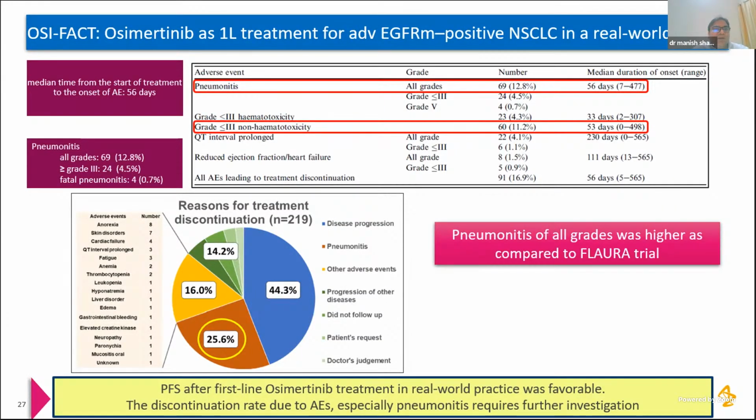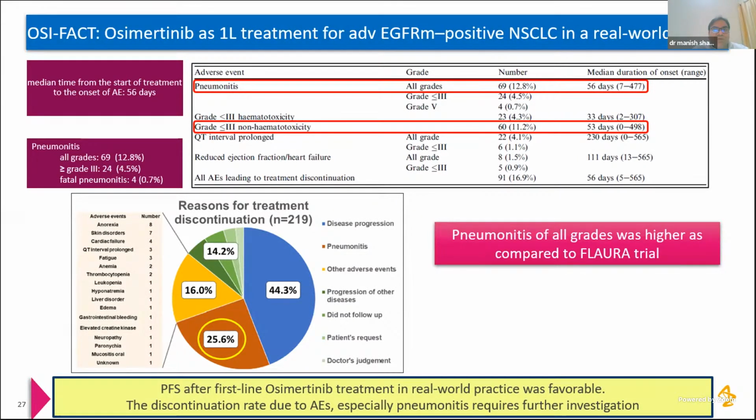Median time from start of the treatment to the onset of the adverse effect was 56 months. 12% of patients developed pneumonitis. So it is also very important that we remember two important side effects which are non-hematological or non-dermatological: pneumonitis and venous thromboembolism.